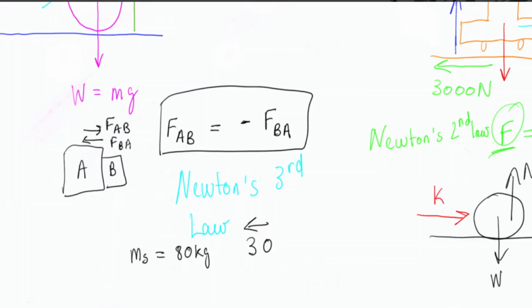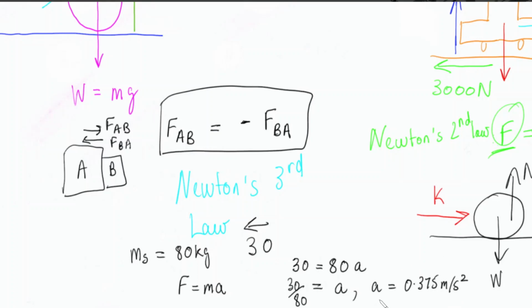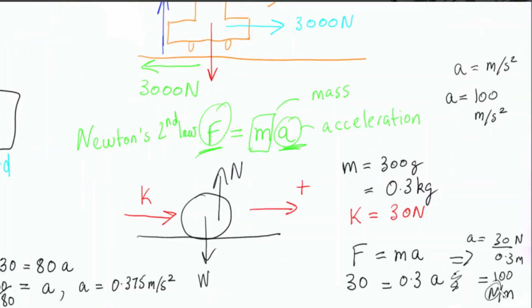And if we applied Newton's second law equation, so force is equal to mass times acceleration, where mass is 80 kilograms and the force is 30 newtons to the left, then we'd go 30 is equal to 80 times A, and our acceleration would be 30 divided by 80, which is equal to 0.375 meters per second squared, which would be tiny in comparison to the acceleration felt by our ball.